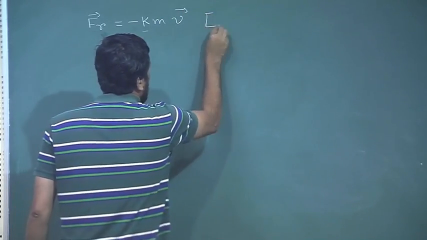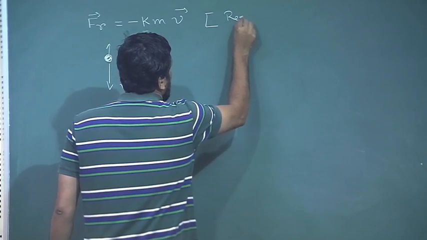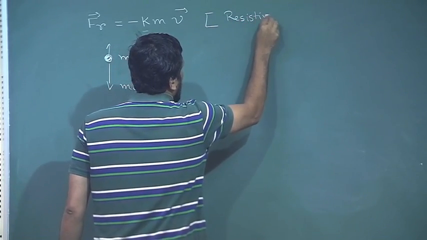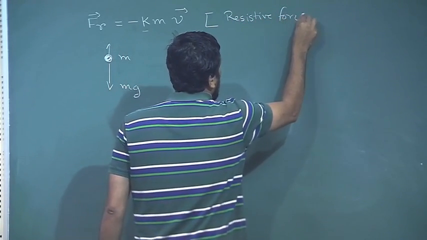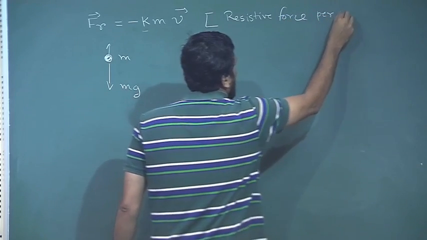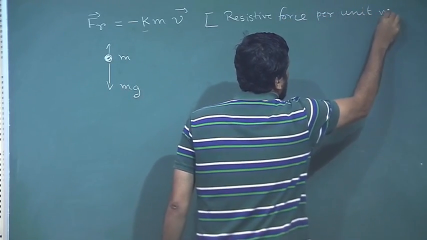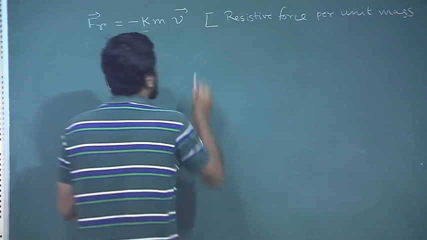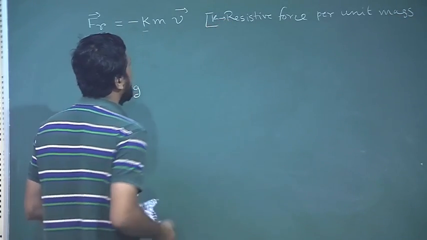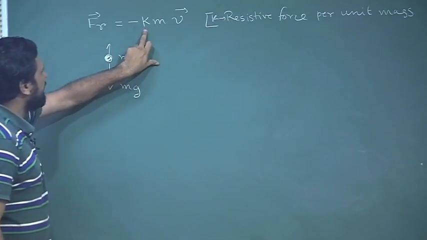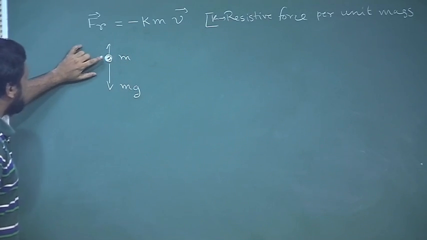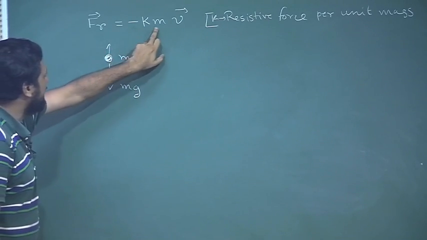That means we are considering the resistive force per unit mass. So, k is the resistive force per unit mass, and that is why, when we are considering a particle of mass m, we have to multiply it with an additional factor m.